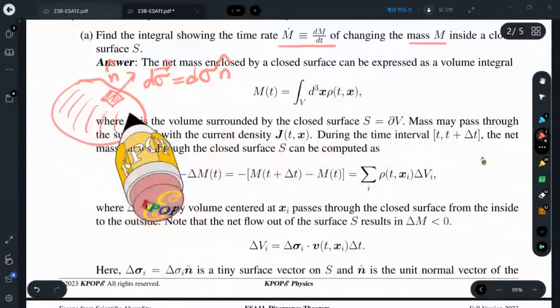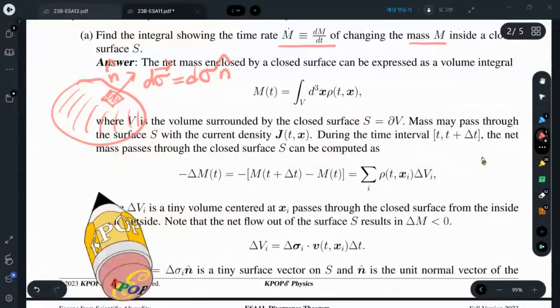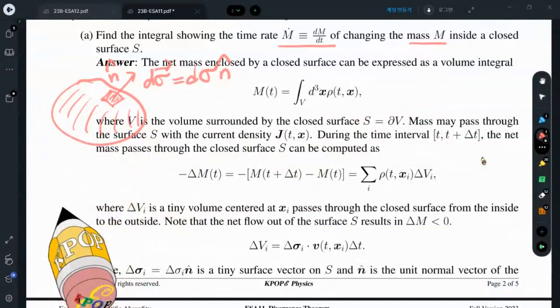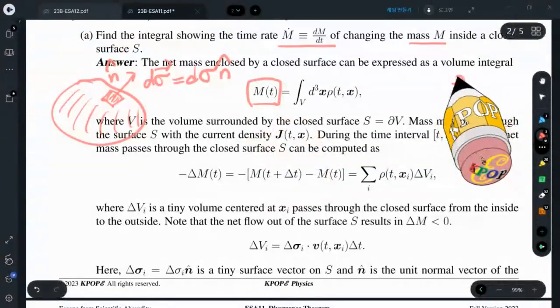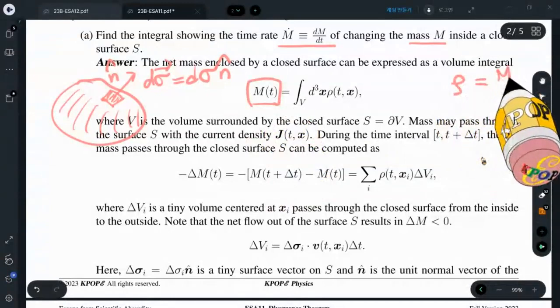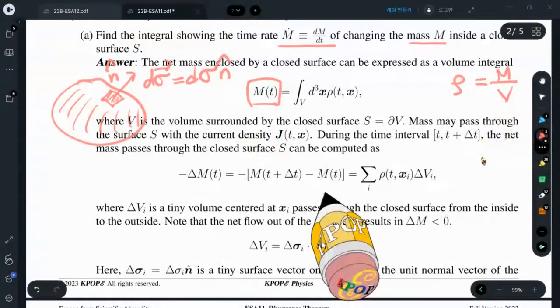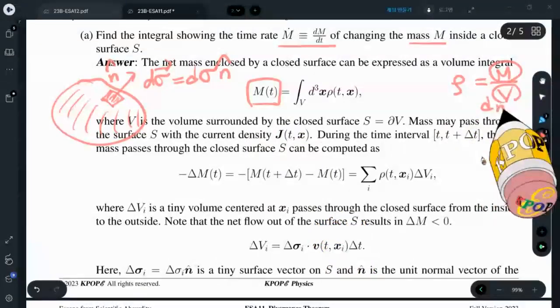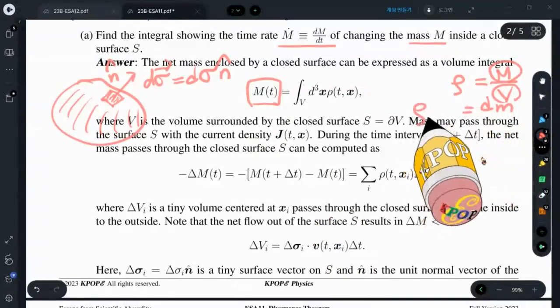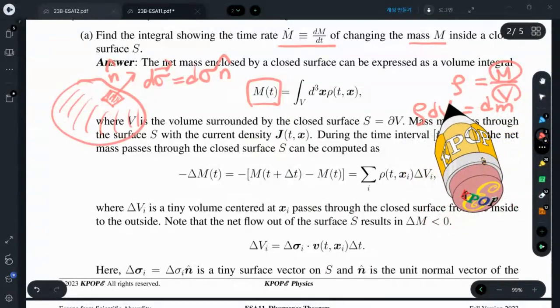there is another way to compute the mass inside the closed path. Mass is, if it is uniform, rho equals mass over volume. If it is very tiny, then the small mass is density multiplied by volume.